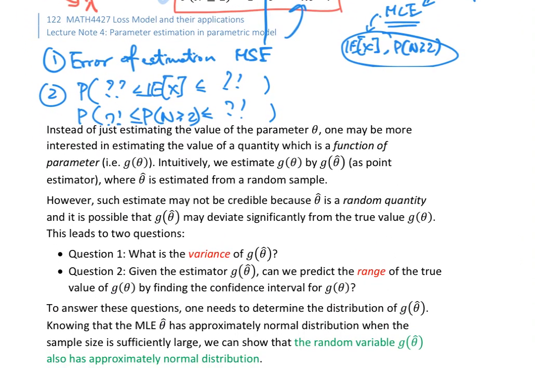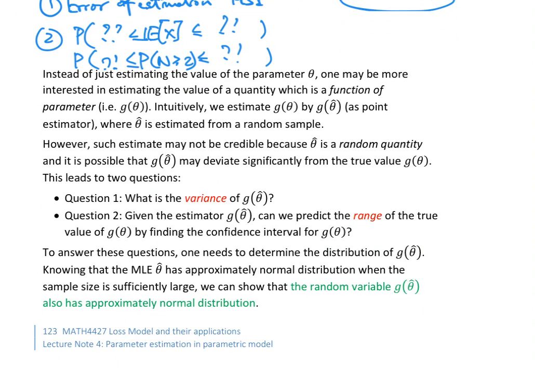Let us formulate the problem as follows. Assume I have some random variable that I'm interested in, and it follows a certain distribution with some parameter theta. We let g(theta) be the function that I'm interested in studying, which is a function of the parameter. In general it can be anything you like, for example the expected value of S, or a certain probability.